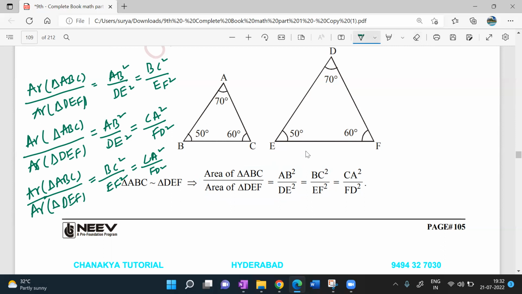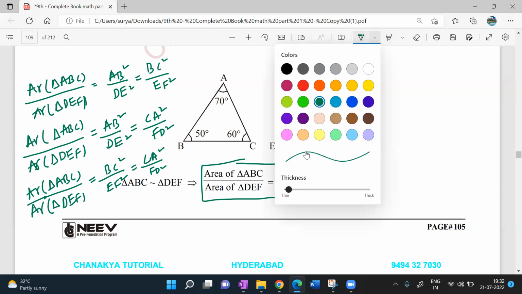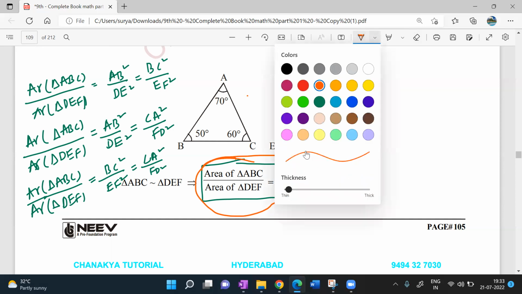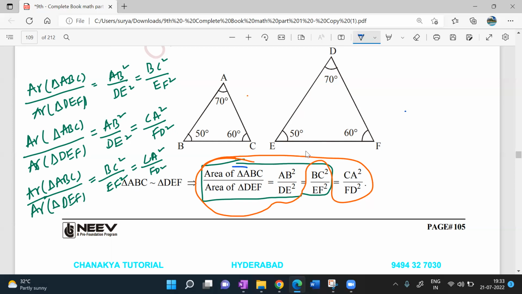Let me note it out. This is one combination, and this is one combination, and another combination is this one.